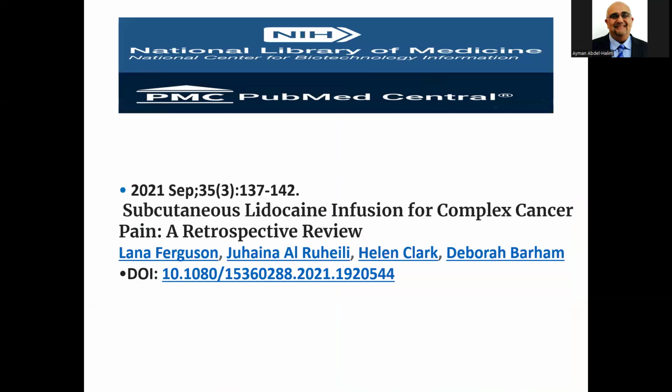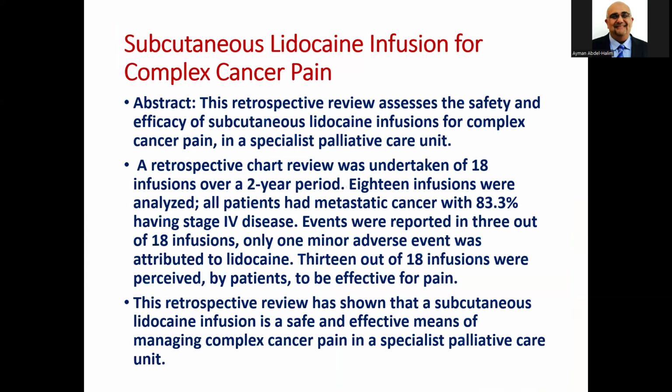Now, there has been some literature about using subcut lidocaine for complex cancer pain. And this is just one. Of course, they have their own protocol. So if you want to utilize it, it's okay. But this is the responsibility of the authors. Okay.